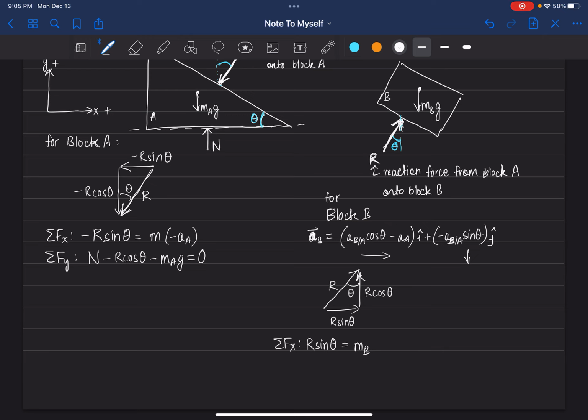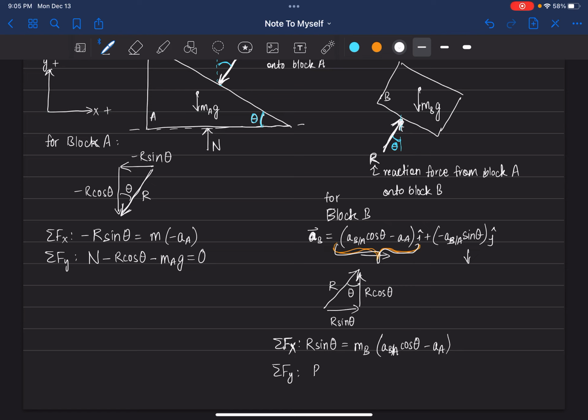Well, in the x direction, it's the x component right here. So the acceleration will be a_B with respect to A, cosine theta, minus a_A. Because this is the summation of force in the x direction, we need the acceleration in the x direction, which is this component right here.